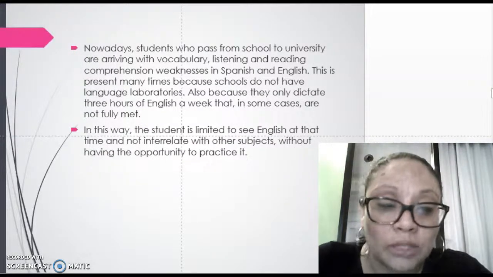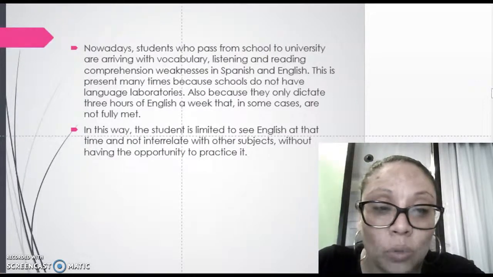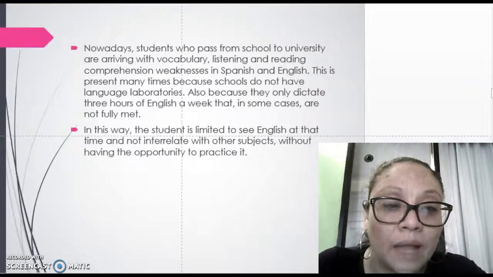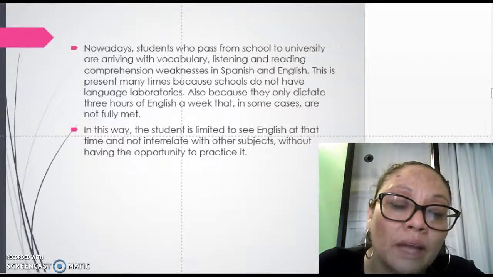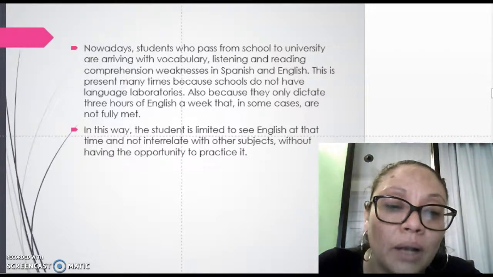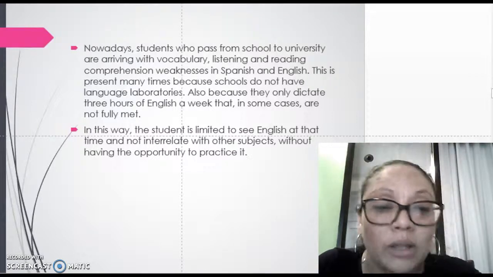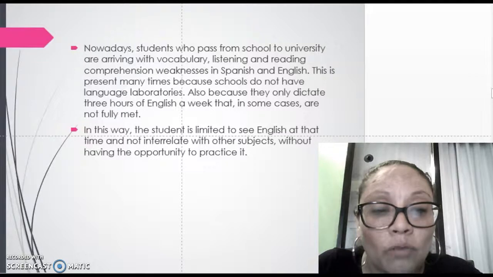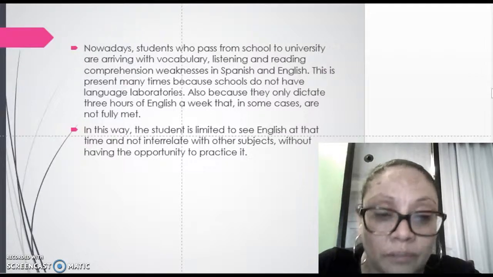Nowadays, students who pass from school to university are living with vocabulary, listening, and reading comprehension weaknesses in Spanish and English. This is present many times because schools do not have language laboratories, also because they only dictate 3 hours of English a week, which in some cases are not fully met.